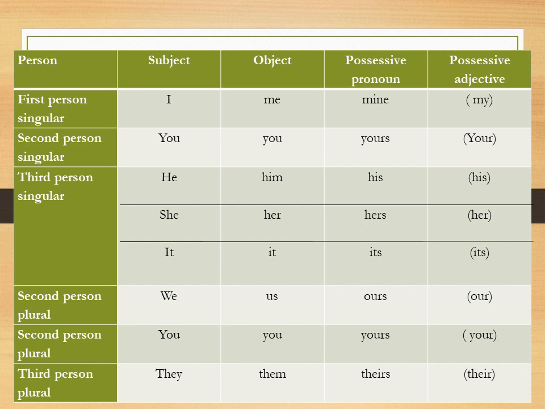Now we need to understand what is called a possessive pronoun and what is called a possessive adjective. What do they mean? Do not forget that the word possessive means ownership.